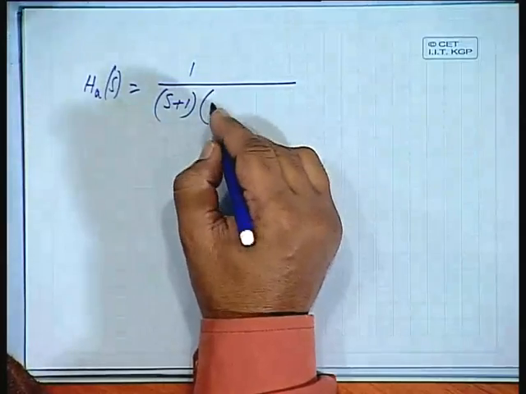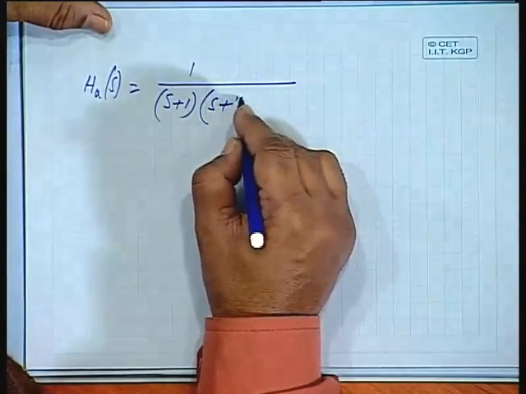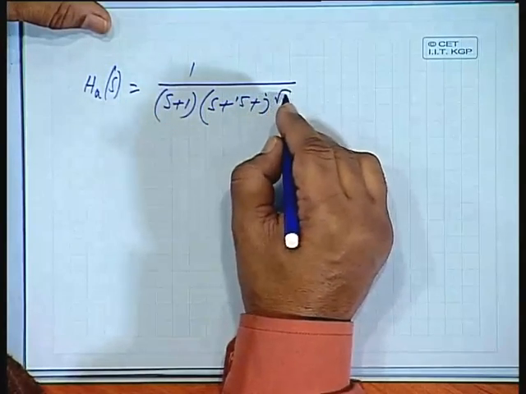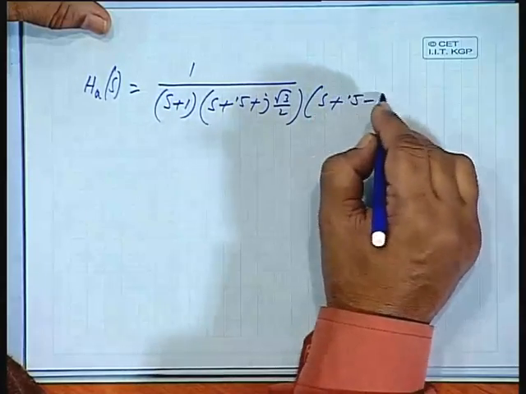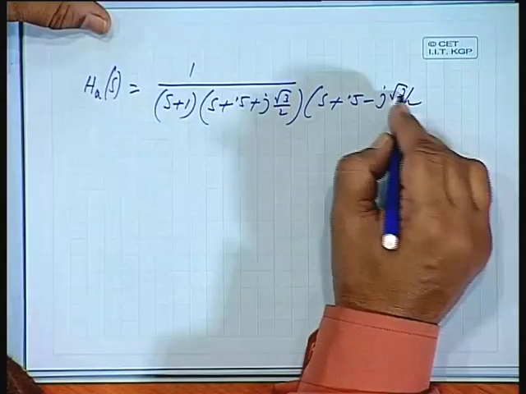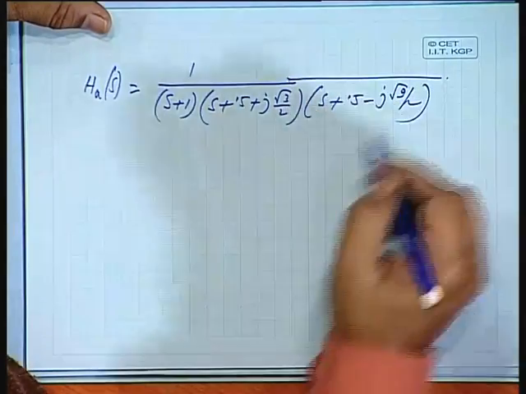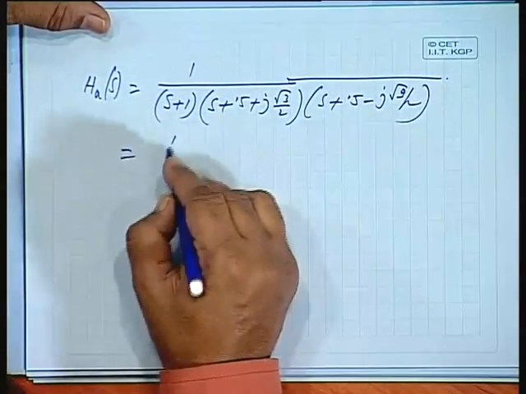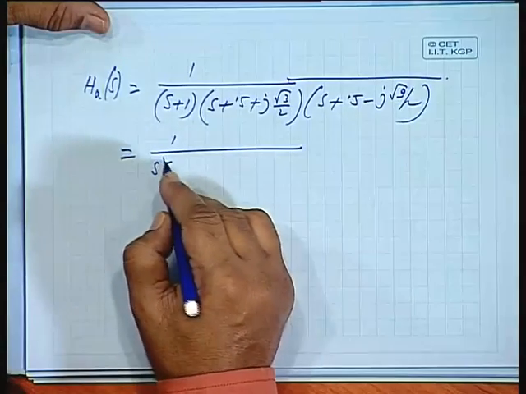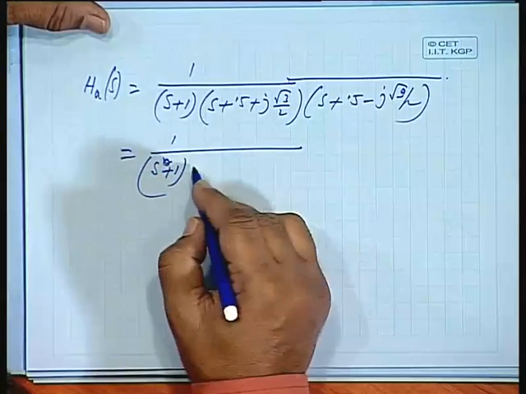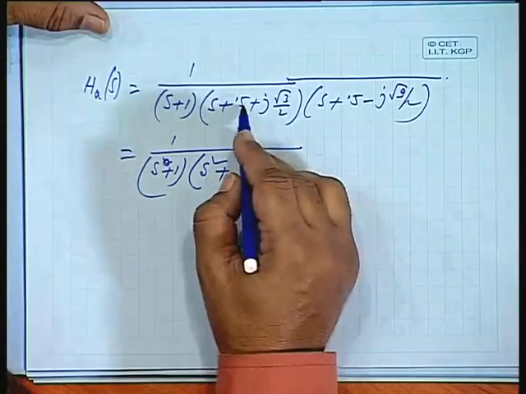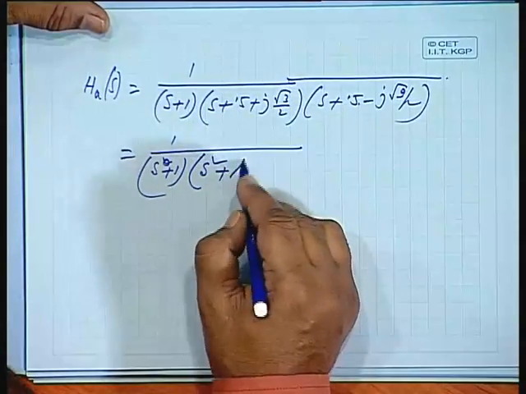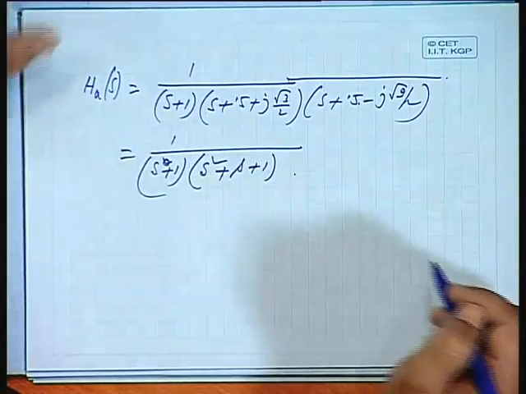So, (s plus 0.5 plus j root 3 by 2) into (s plus 0.5 minus j root 3 by 2), which means 1 by (s plus 1) into (s squared plus s plus 1).